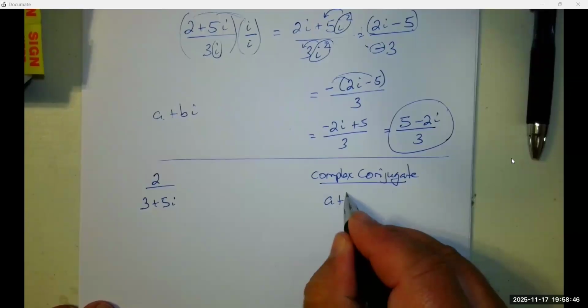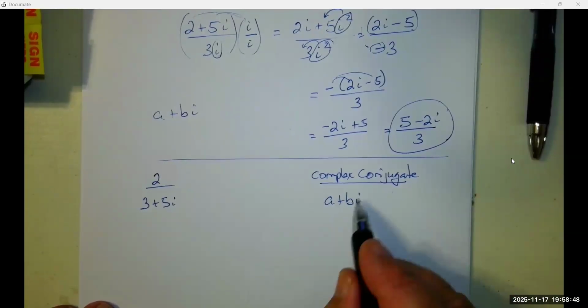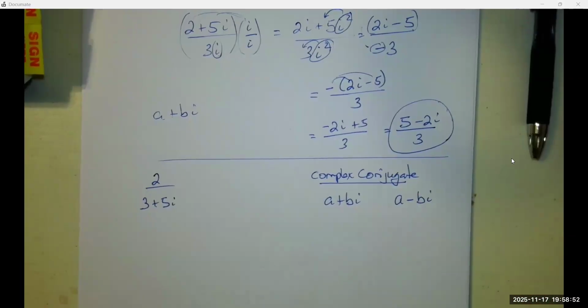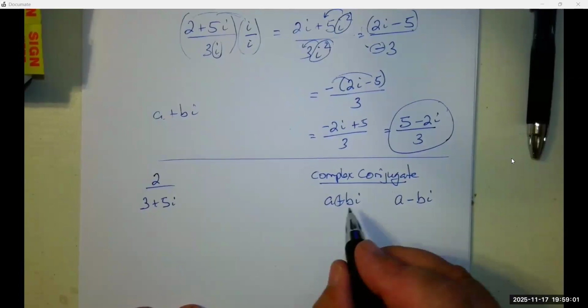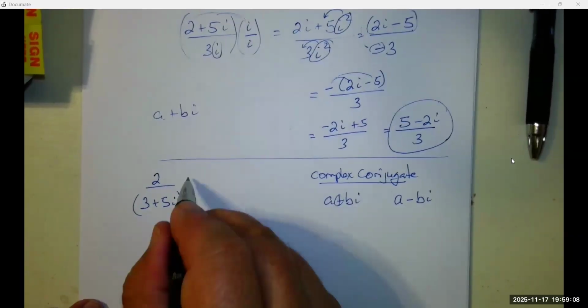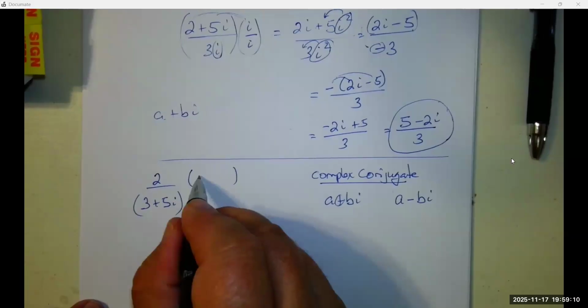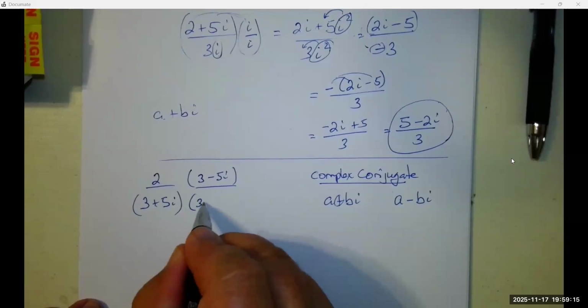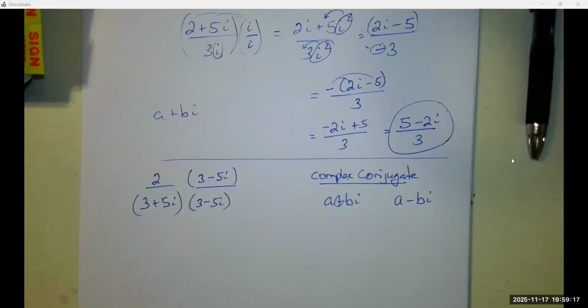If we had a plus bi, the complex conjugate of this is a minus bi. Just change the sign in front of your i term. I'll show you why that works. So in this one, the complex conjugate would be 3 minus 5i over 3 minus 5i.